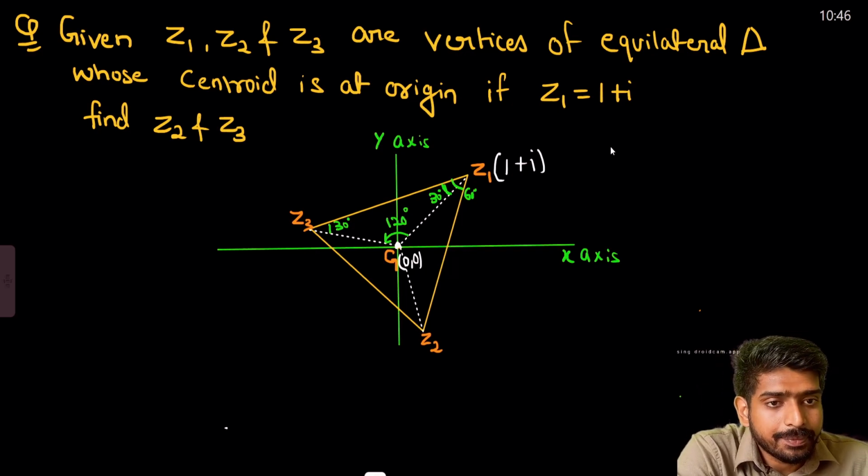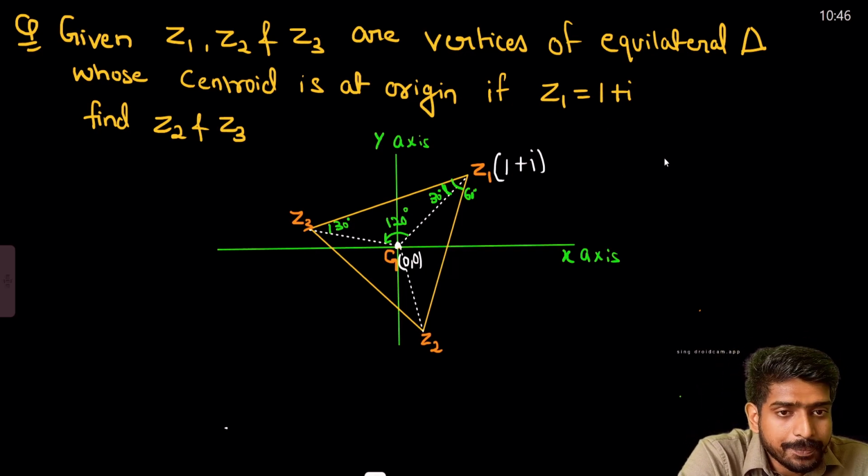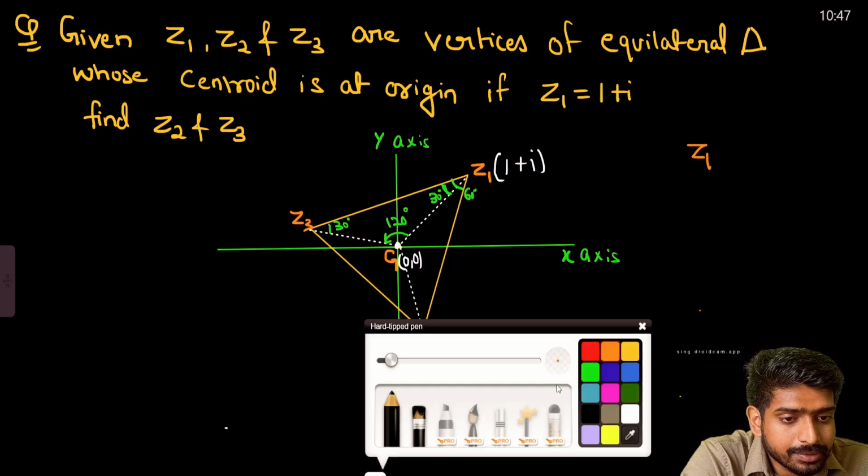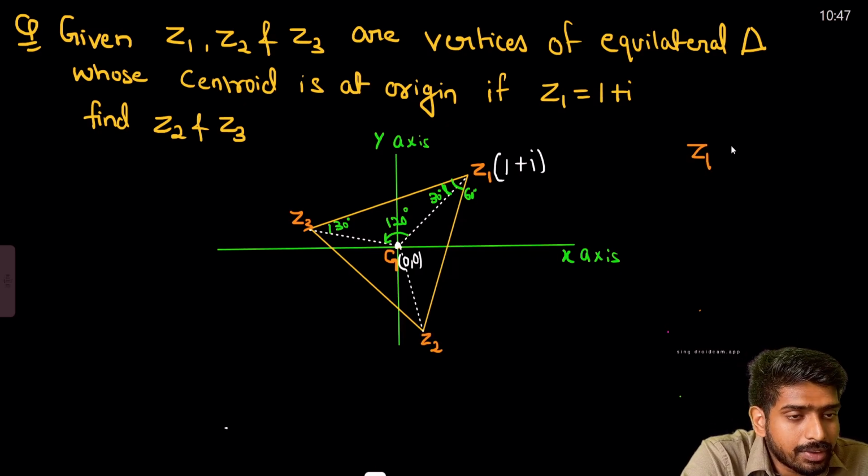Z1 is 1 plus iota, so if I multiply Z1 with e to the power iota 2 pi by 3, since 120 degrees is 2 pi by 3, we are going to get the complex number Z3.